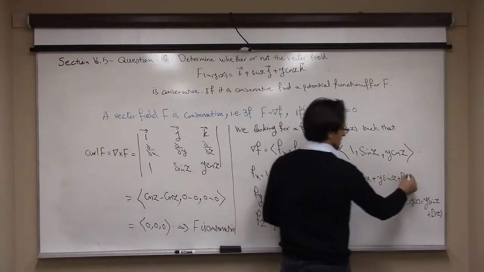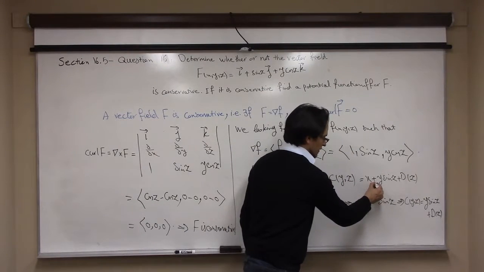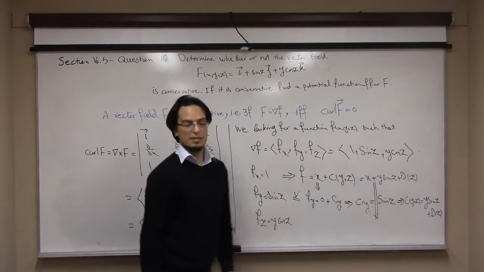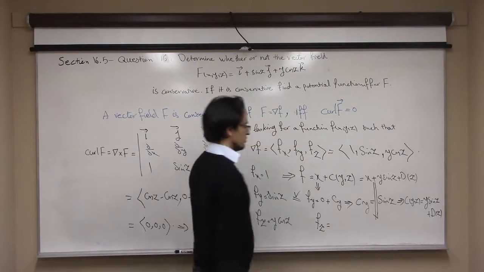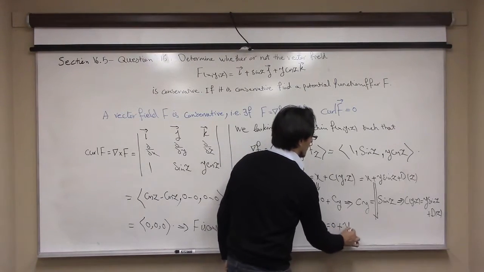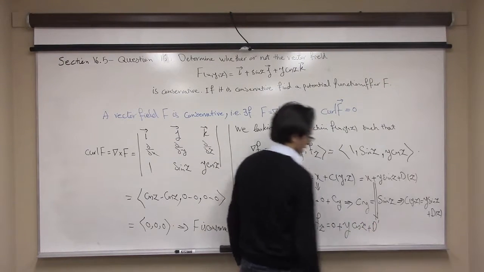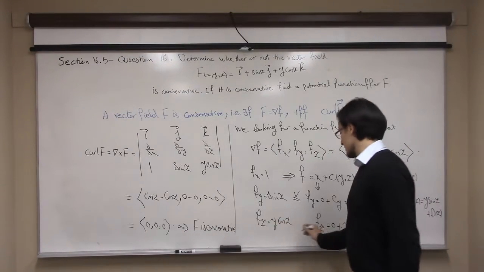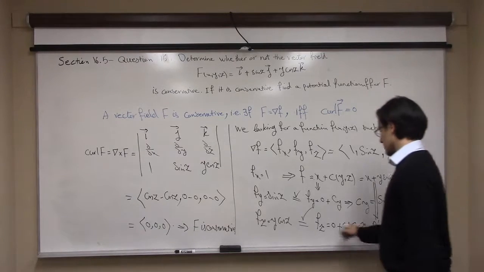So d(z). Okay, now if I find partial derivative of this with respect to z, so fz is going to be 0 plus y cosine z plus d prime. Why did I do that? Because I already know what is fz, and that means I already have this part.